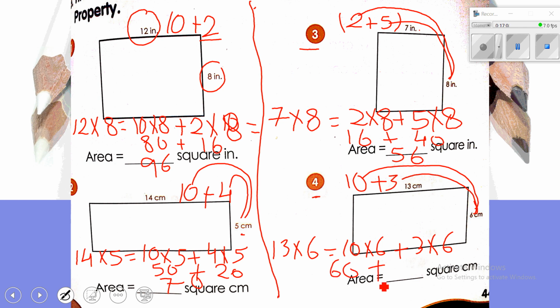And 3 multiplied by 6, perfect, it's 18. So I'm just adding 18 plus 60. Perfect, it's 78. Yes, let's go to the next.